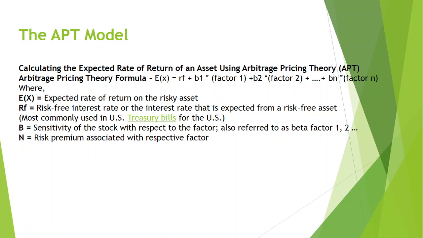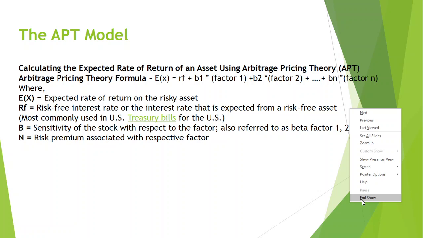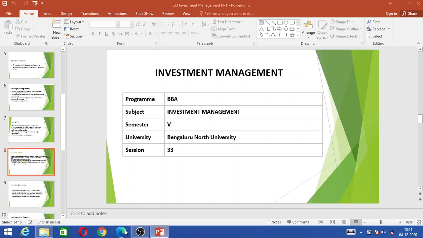As the formula shows, the expected return on the asset is a form of linear regression taking into consideration many factors that can affect the price of the asset and the degree to which it can affect it, that is, the asset's sensitivity to those factors.